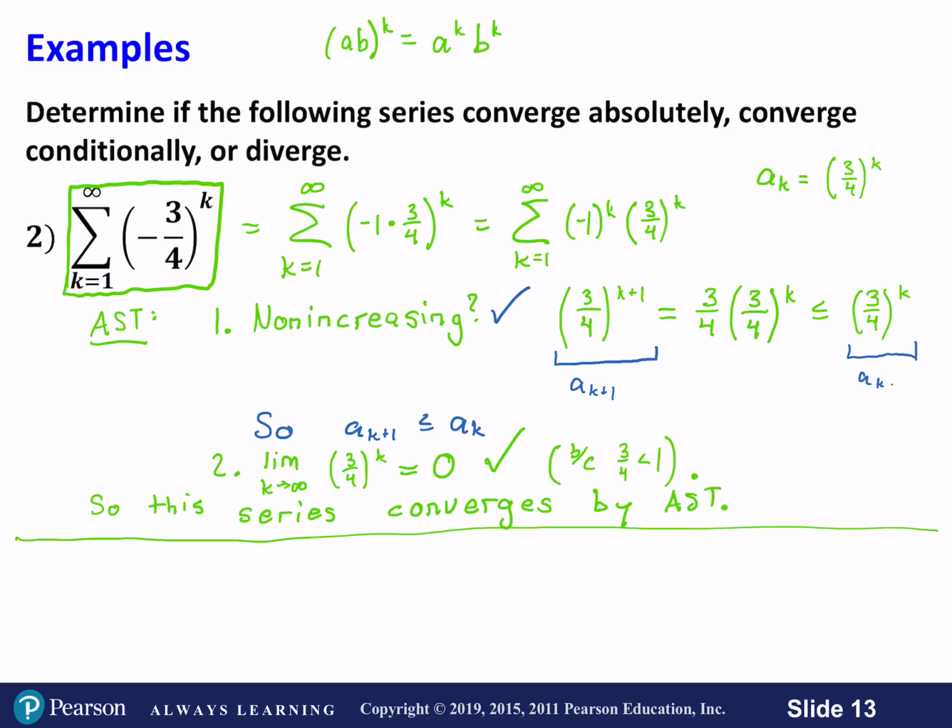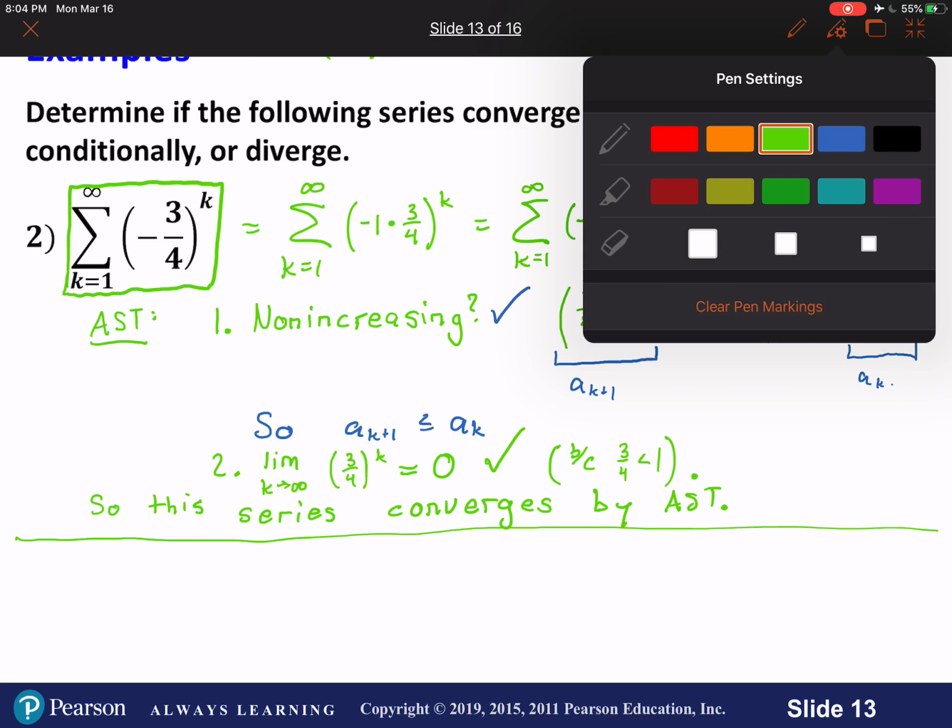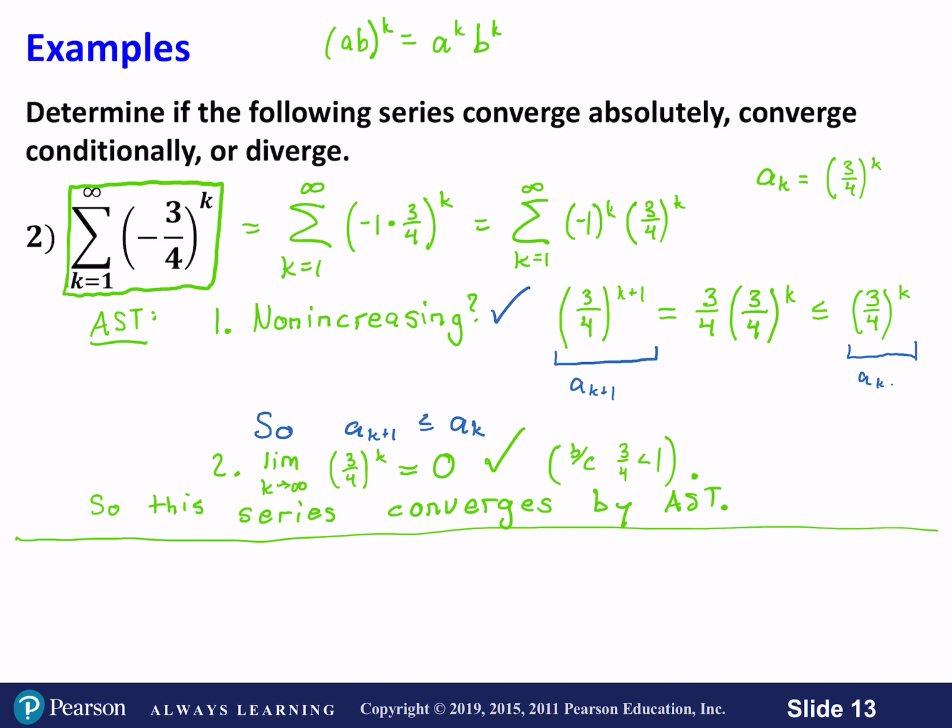To test for absolute convergence, we have to examine the series sum from k equals 1 to infinity of the absolute value of (-3/4)^k. If we simplify this, the absolute value of (-3/4)^k is just (3/4)^k.